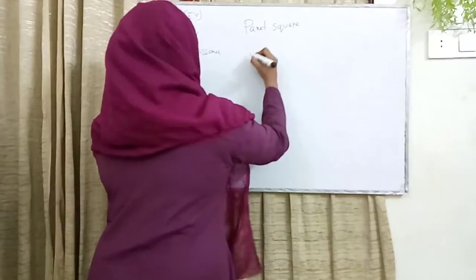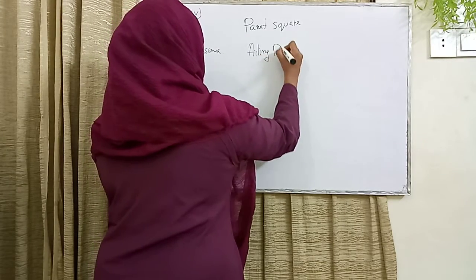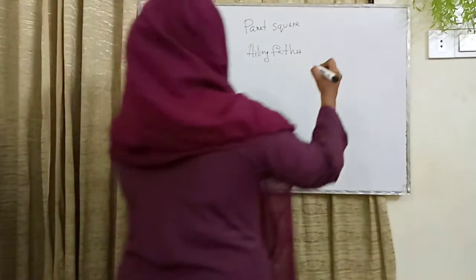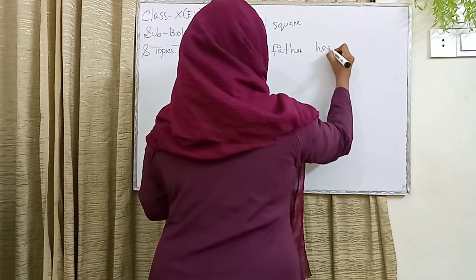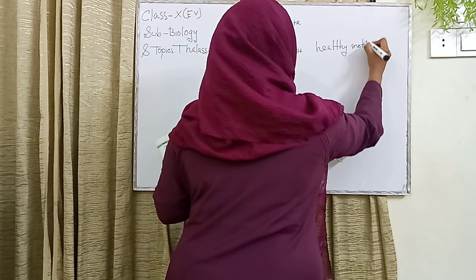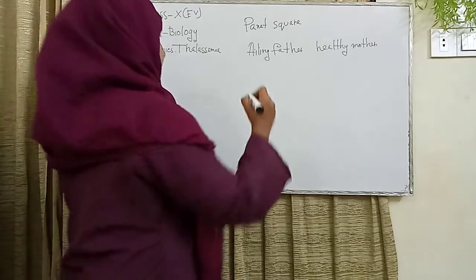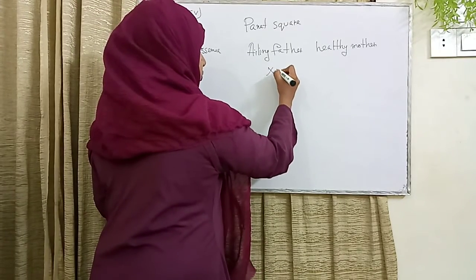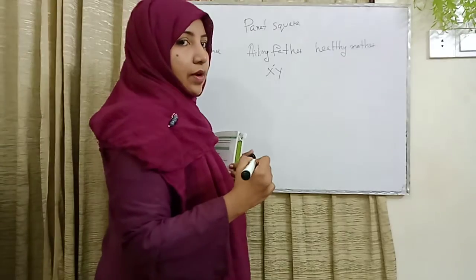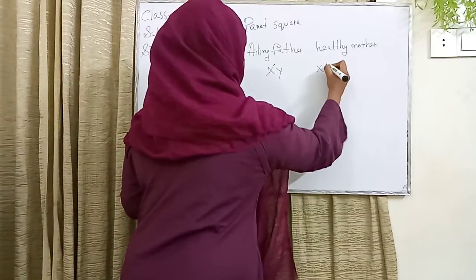The ailing father's chromosomes are X prime and Y, and the healthy mother's are X and X.